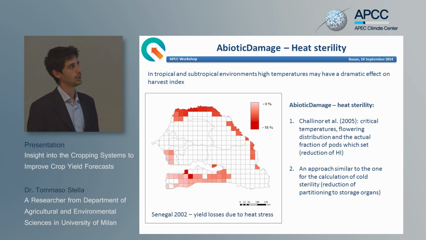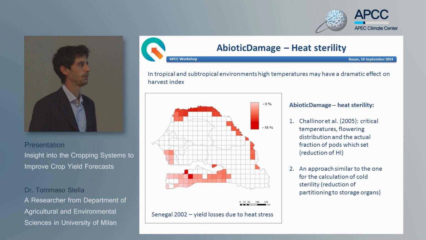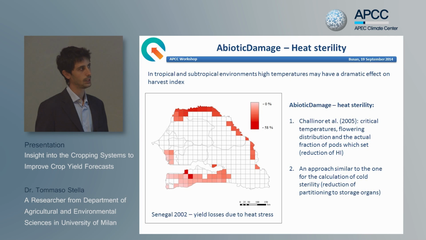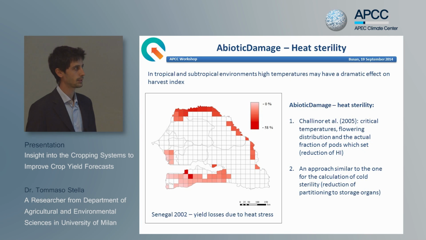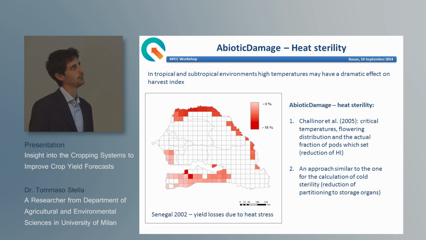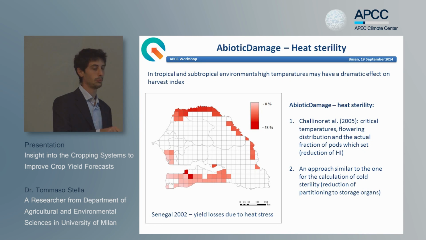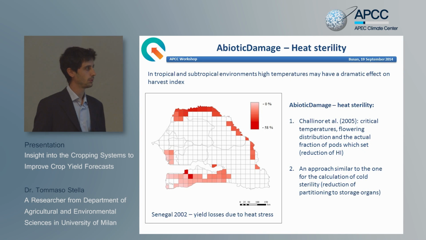The first one is by Challinor, which calculates critical temperature, flowering distribution, and so on, to have a direct reduction of the harvest index. And the second one, which is really similar to the one I presented for cold sterility, so with a reduction of the partitioning to the storage organs.